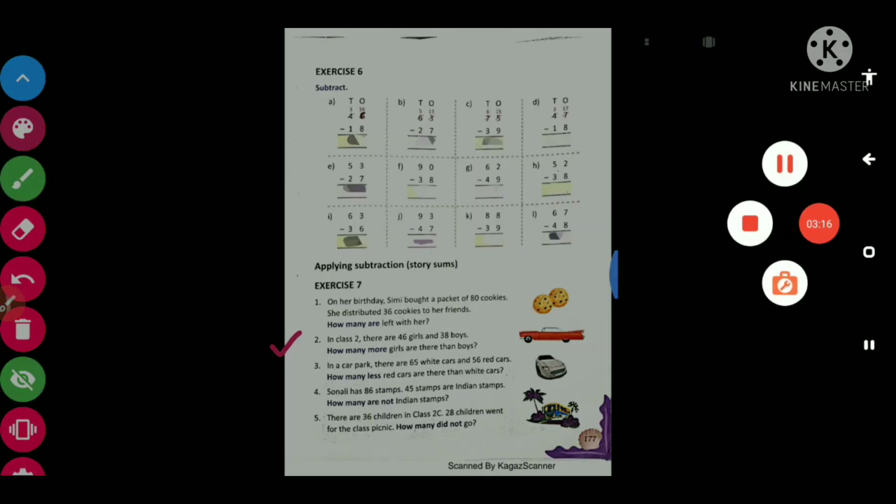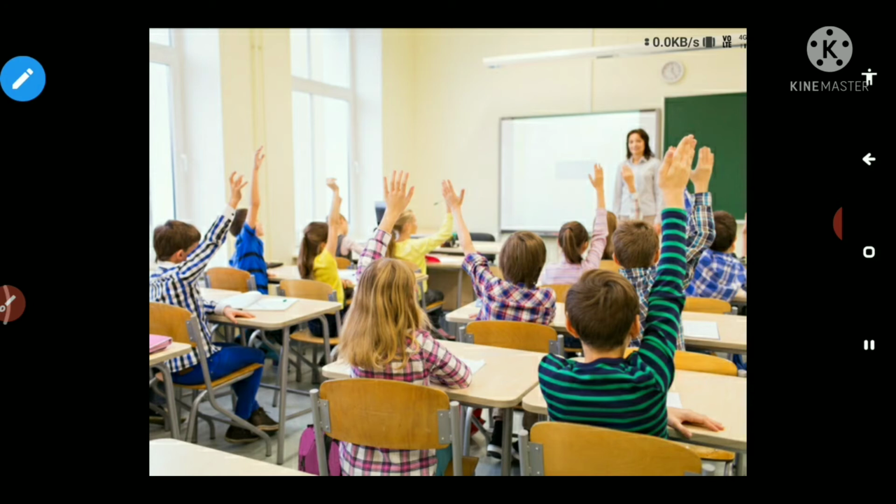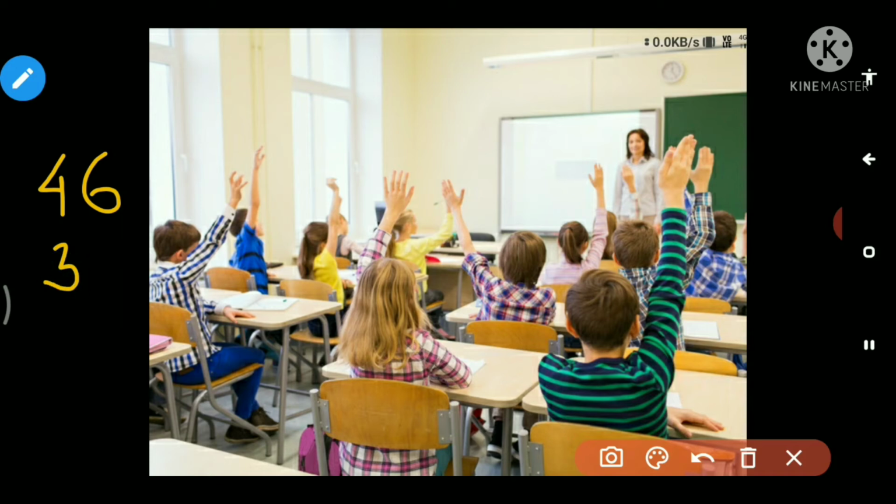So this one is the classroom. From the question we know that 46 girls are there and 38 boys are there. We have to find how many girls are more than boys.